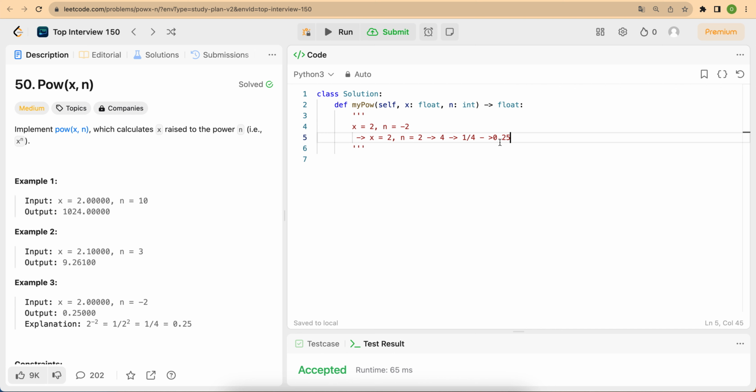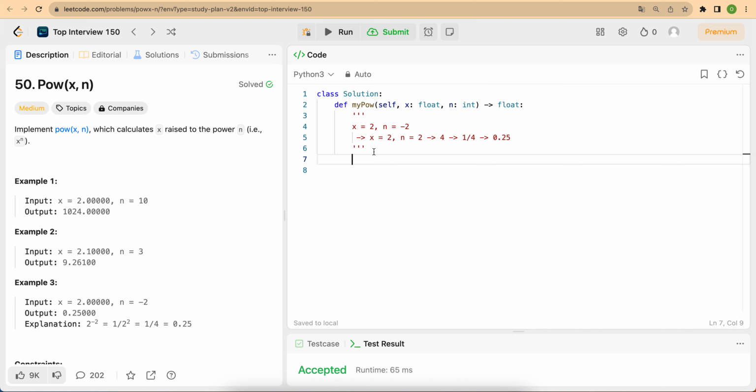So this is our final result. So hopefully you can understand. So just in order to simplify the question, I will just transfer n to its positive version. I don't know if my expression is correct, but I think you guys must understand, right?